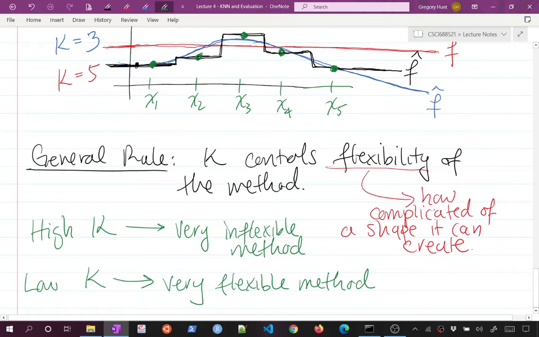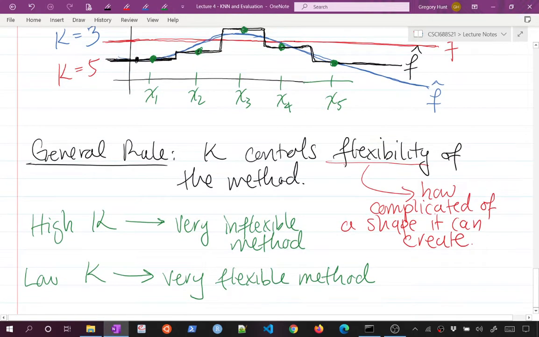So if I have a low value of k, I can fit something complicated. I can do all these jumps. I can basically perfectly interpolate my data. When I have a high value of k, I'm just going to fit a straight line. Not a very complicated fit. And in between, we're going to have various degrees of flexibility. But the parameter k is basically going to determine the amount of flexibility I have in my method.